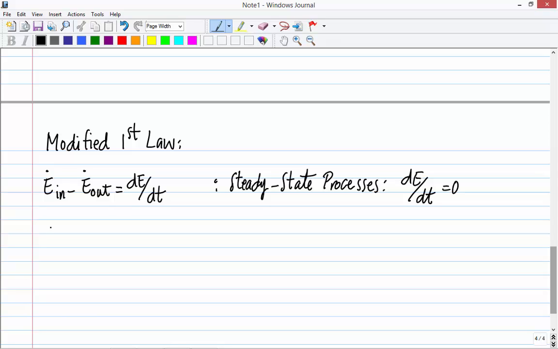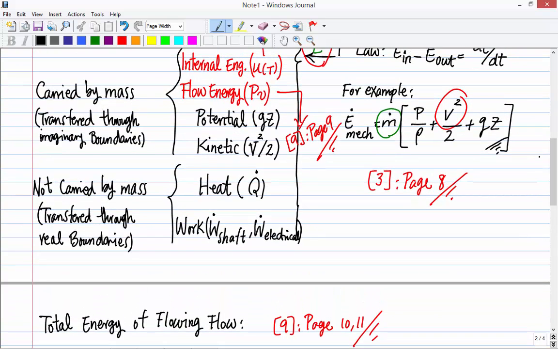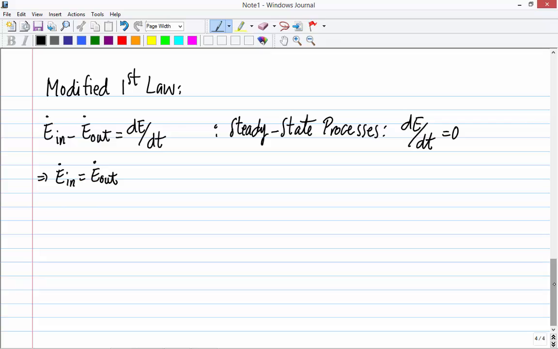Therefore, E dot in would be the same as E dot out, and these two E dots are the total energy. As we have defined up there, the total energy should be the summation of all these 1, 2, 3, 4, 5, 6 different energies that can be transferred into or out of my system.